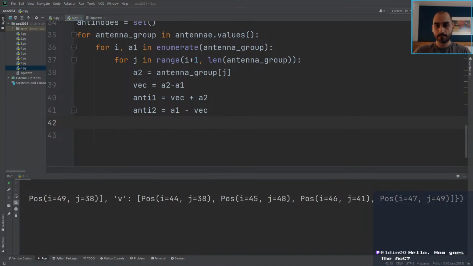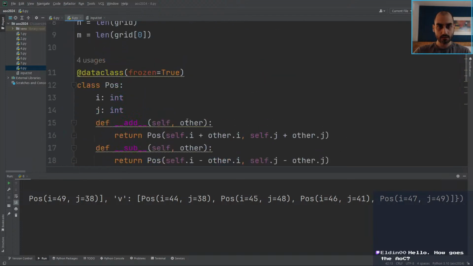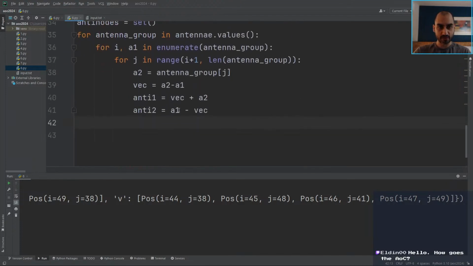Hello Eldin. How goes the AOC? Part 1 seems alright so far. I'm somewhat confident that this will work. I think I'm close to finishing. And then we just want to say if anti1 is in bounds.